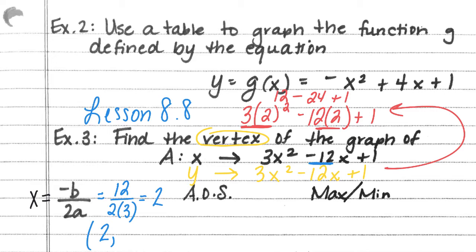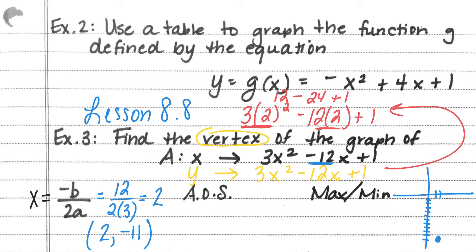Well, negative 12 plus 1 looks like we're going to get the vertex, the y, as negative 11. So what this is saying is at positive 2, negative 11, that is where my vertex is.